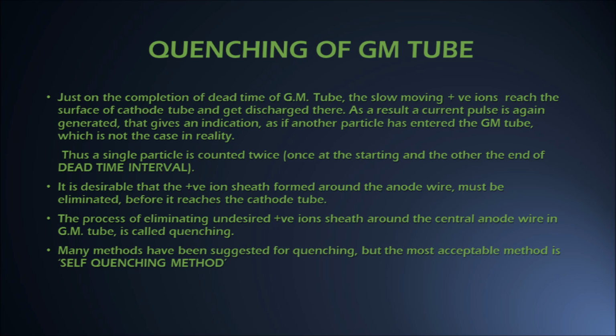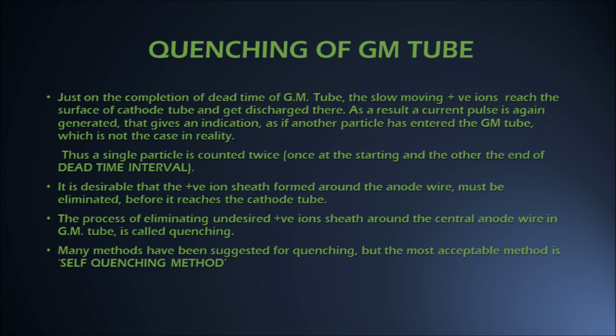As a result, a current pulse is again generated. The generation of this current pulse indicates as if another particle has entered the tube, which is not the case in reality. So, a single particle is counted twice, once at the starting of dead time and the other at the end of dead time.